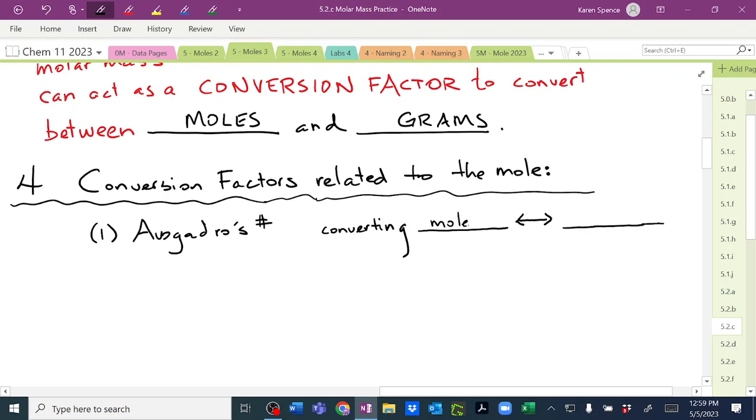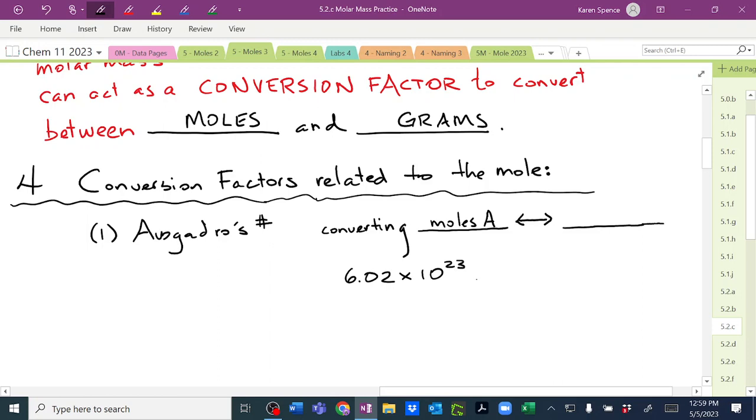So this is good for converting moles of A into... So if I were to write Avogadro's number, what is Avogadro's number? 6.02 times 10 to the 23.